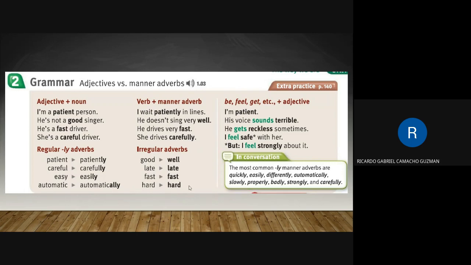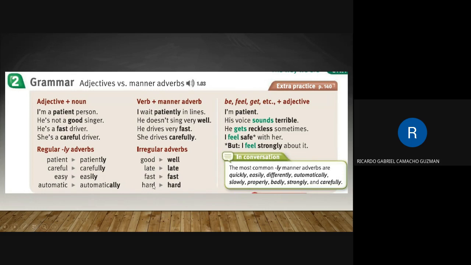Por esa razón es que la palabra late, que hace referencia a tiempo, no cambia a lately, porque se confundiría con la otra palabra que es un adverbio de tiempo y pues cambia totalmente el significado. Ya no habla acerca de tardado o tardío, sino que habla acerca de últimamente.